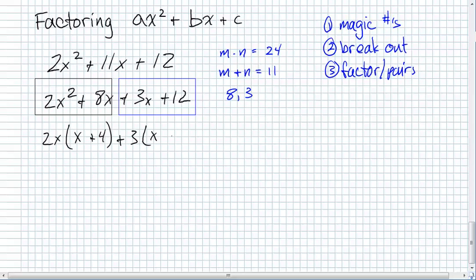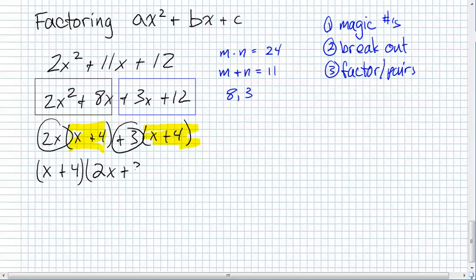And then I notice that x plus 4 is a common factor, so I can factor that out front. X plus 4 times whatever's left over, which is 2x plus 3. Okay, and so the factoring by pairs thing we did at the very beginning of this chapter comes in quite handy there. Like I said, it would.